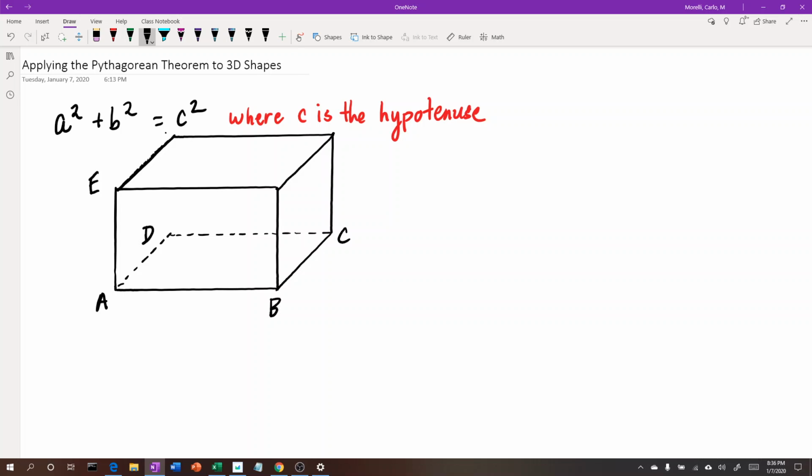And point F is going to be here. G is here. And H is this point up here in the corner, right there. Now this guy right here, I'm going to draw in red, for a reason.